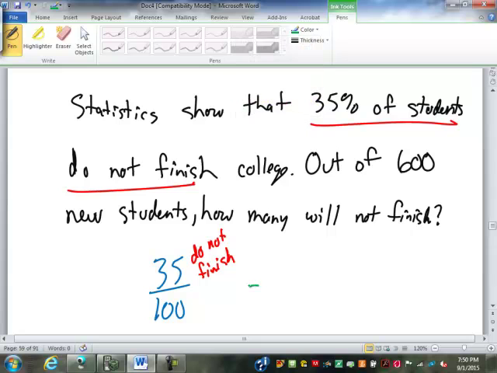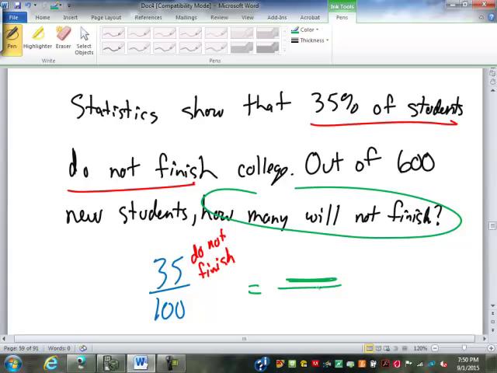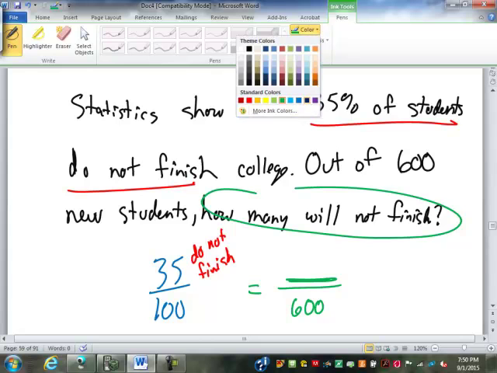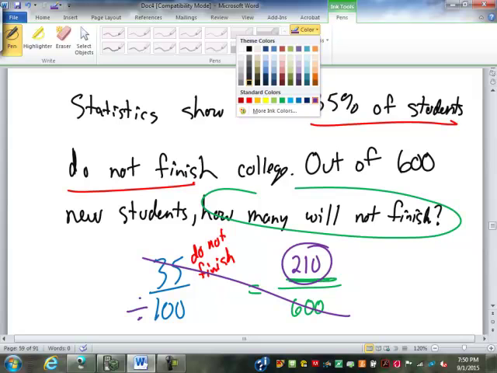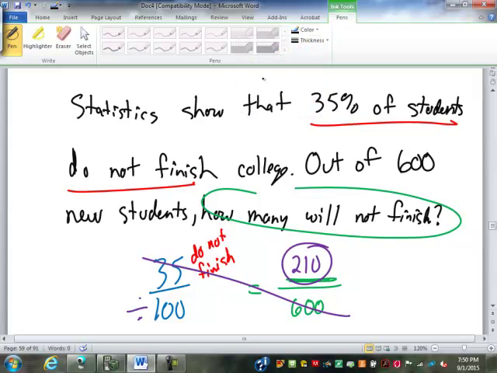So in this case, on the other side, we're looking for the number that don't finish. So we're looking for this number here. The 600 goes on bottom. So we would solve 35 times 600 divided by 100 is 210 that we would expect not to finish. Hopefully our number's a little better than that.